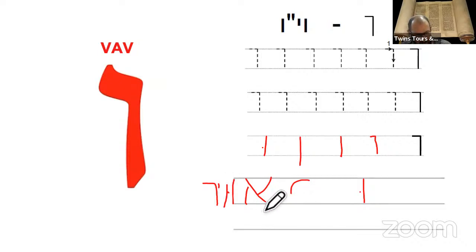It changes the meaning completely: Or means light, Avir means wind. So the dot changes the pronunciation. Aleph, Vav with a dot becomes Oo, so it's Or, which means light.